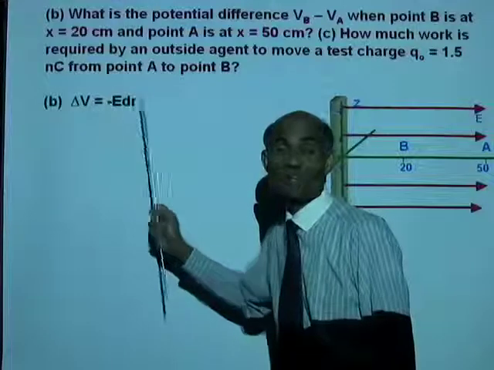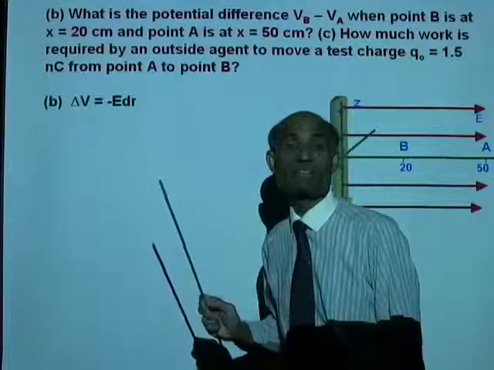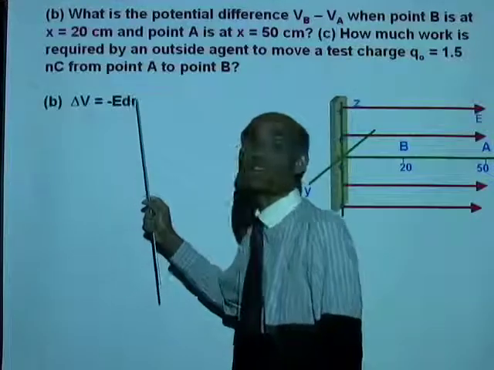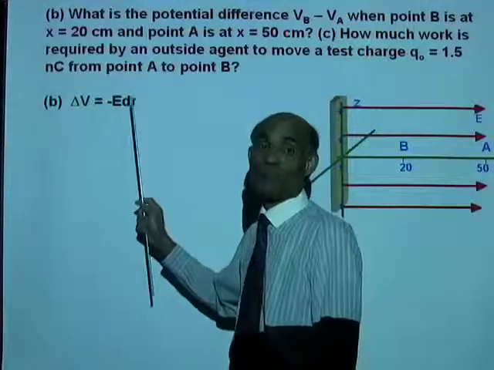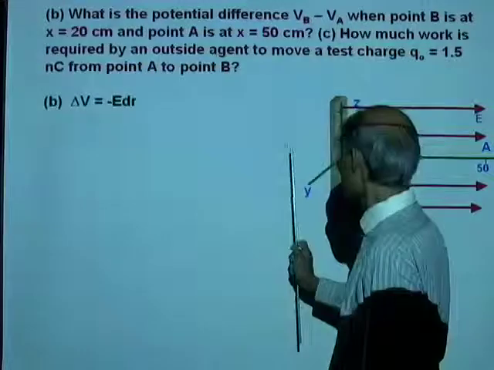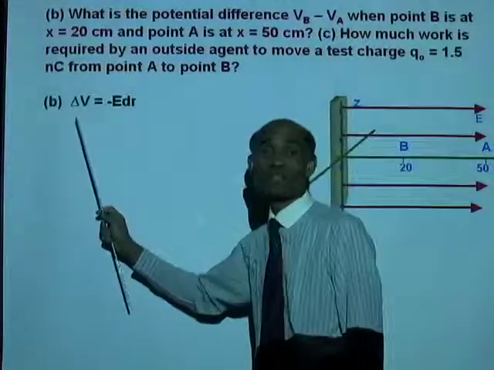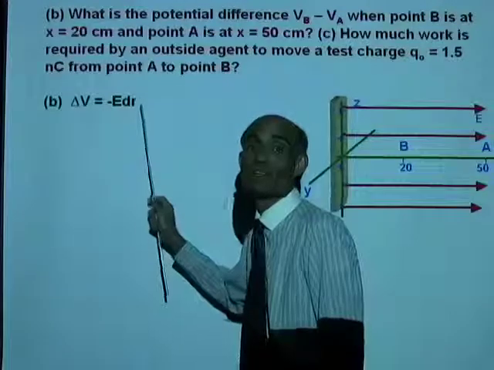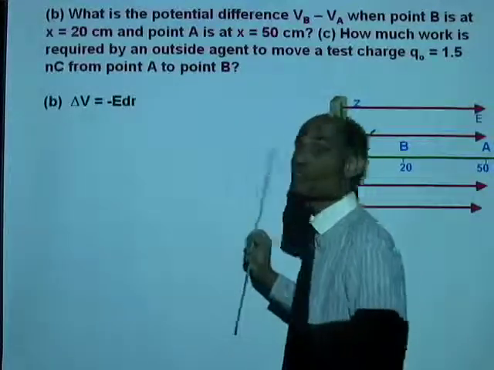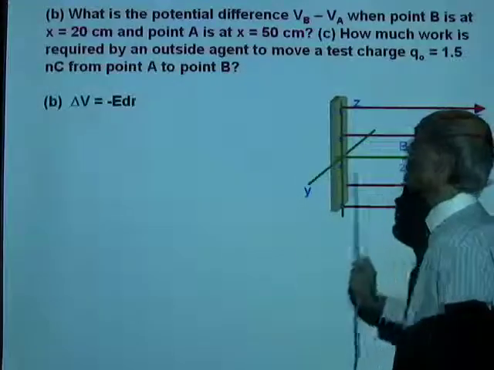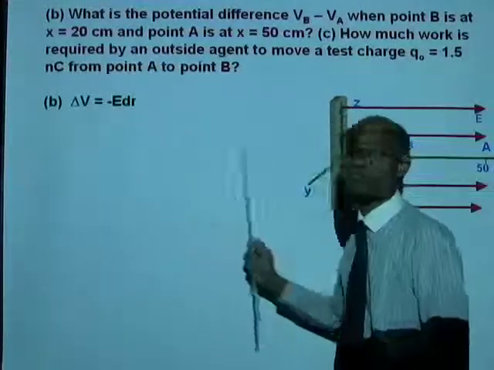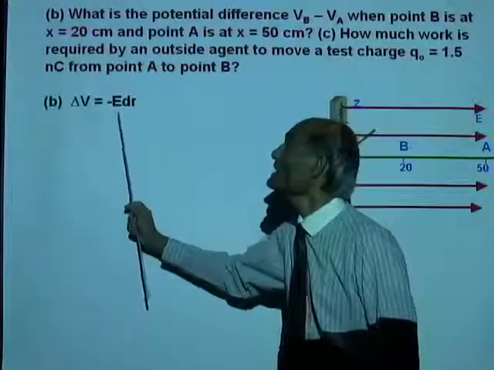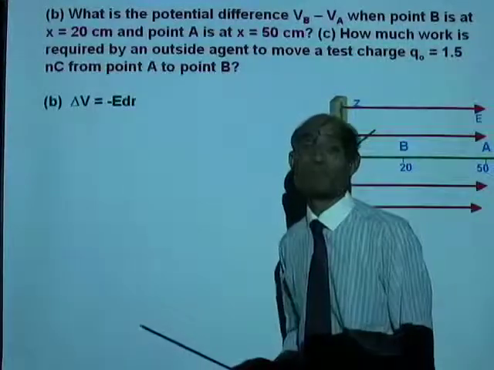Delta V equal to negative E dr, or delta V equal to negative E delta r. Or specifically for the x-axis, we can write it as delta V equal to negative E dx. So this dr is the distance between the two points. Delta V corresponds to the potential difference between the points, and E is the electric field.